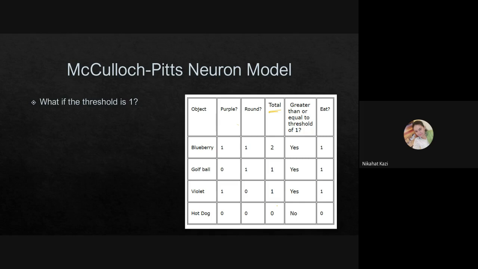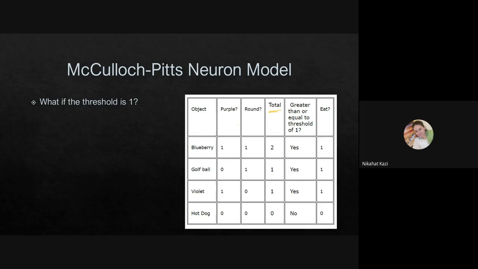Total is 2110. So what if the threshold is 1? If we say that the threshold is 1, then in this case, what will happen? The bird will eat the blueberry, but the bird will also eat the golf ball and the violet, which is not what we want, right? So the threshold cannot be 1.